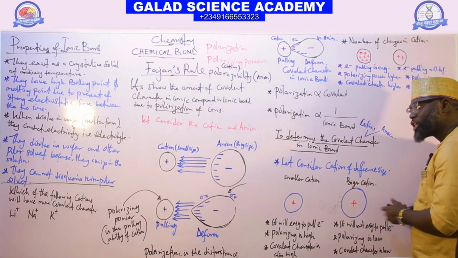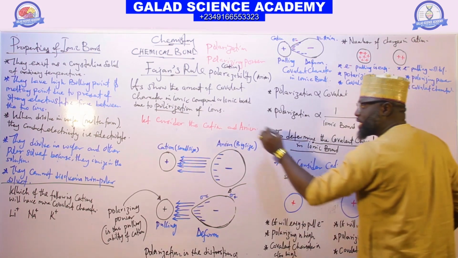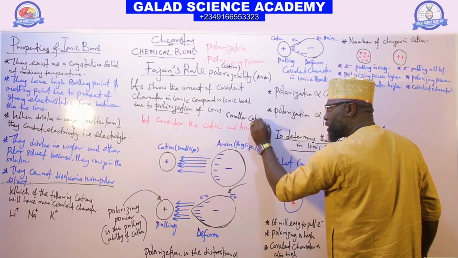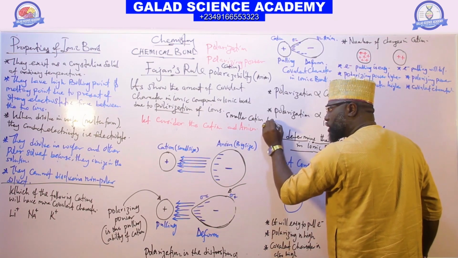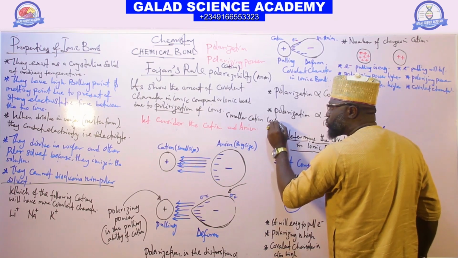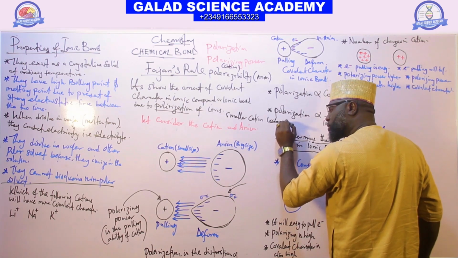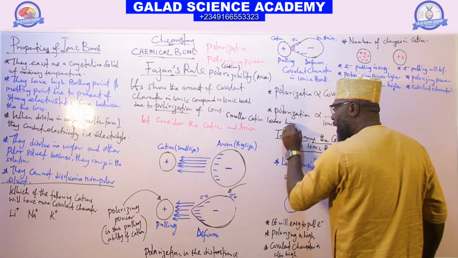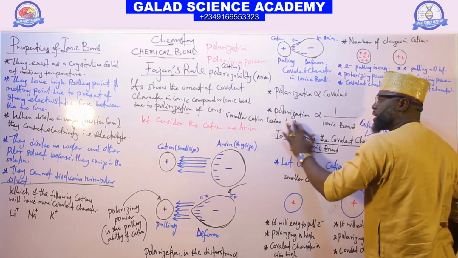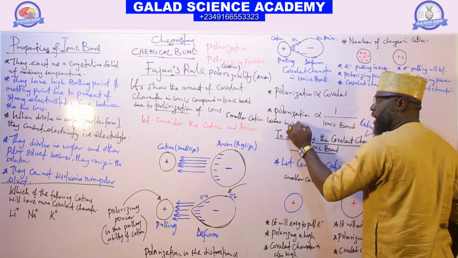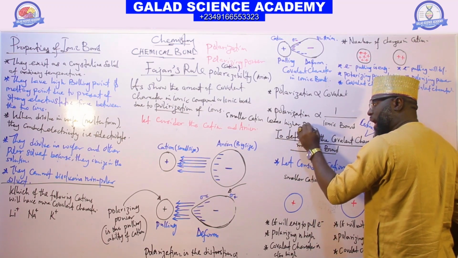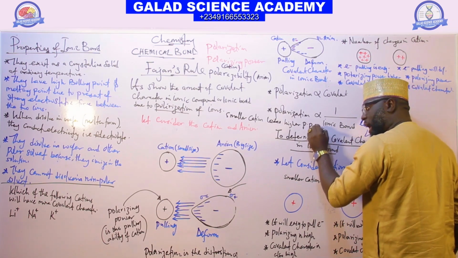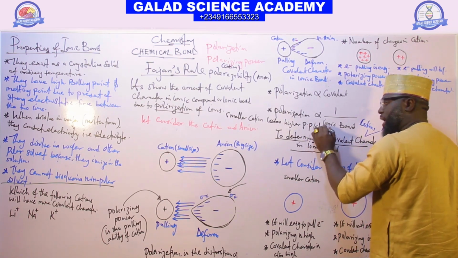It says that the smaller the cation, the higher the polarizing power, and also the higher the covalent character.